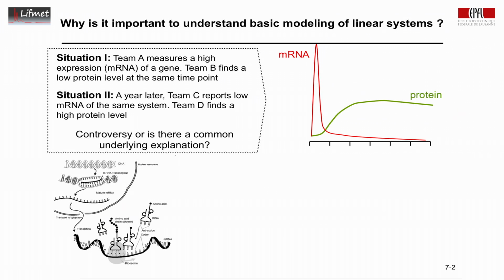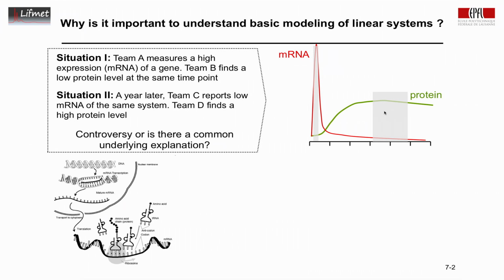Those two time courses are not the same. So what we have here now is situation 1, where the measurement was done at this time point. Situation 2 corresponds to a measurement at a later time point.